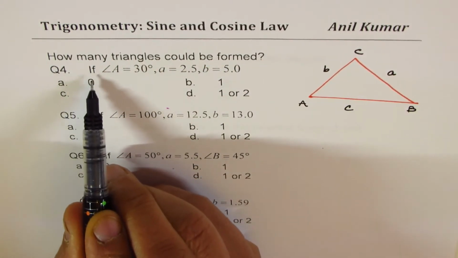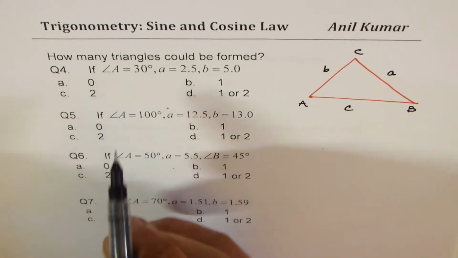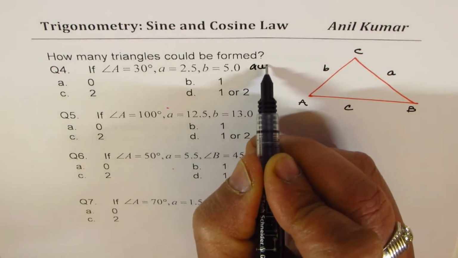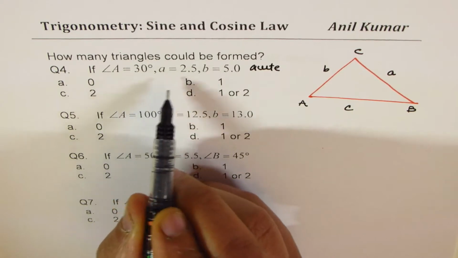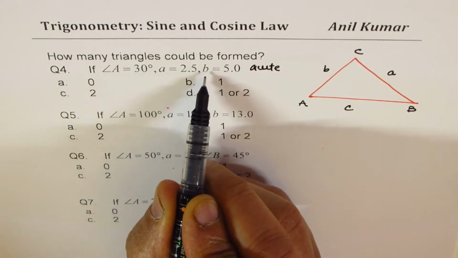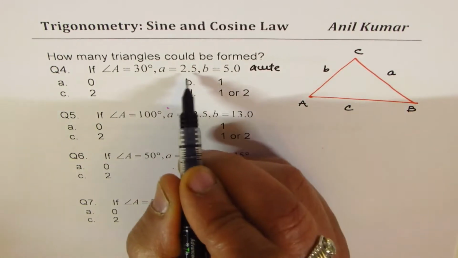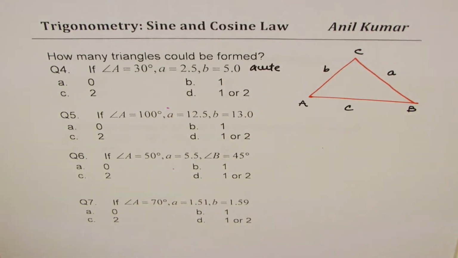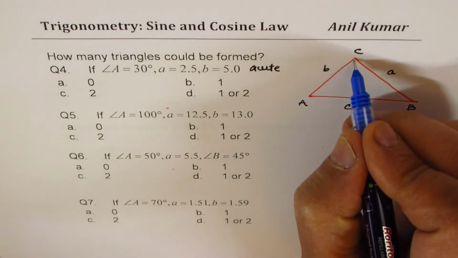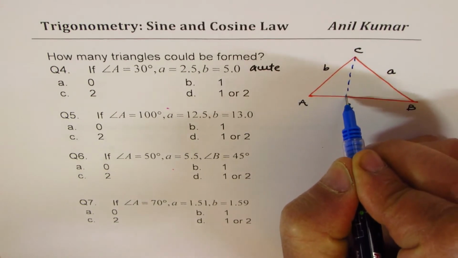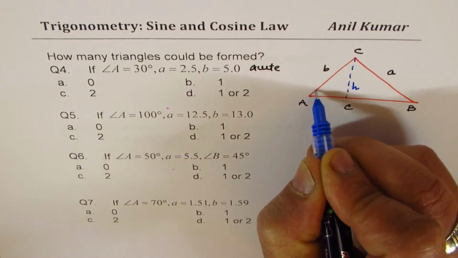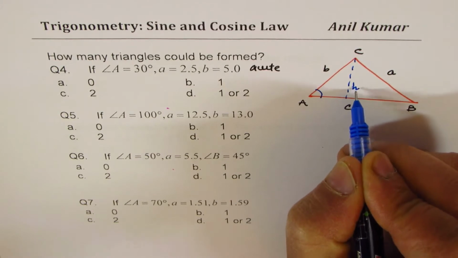A. If angle A is 30 degrees, so it is an acute angle, and side a is less than b. Now, if that is the case, we have to see what is the height, right? So given this angle, we have to see what the height is.